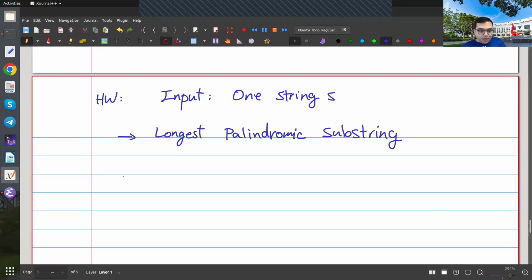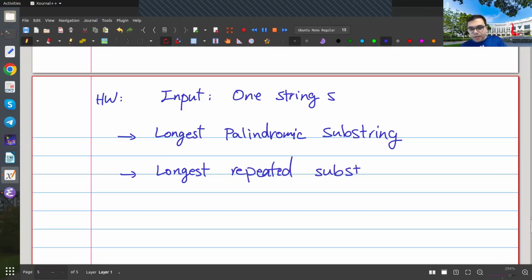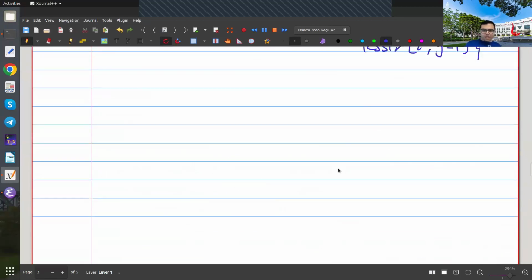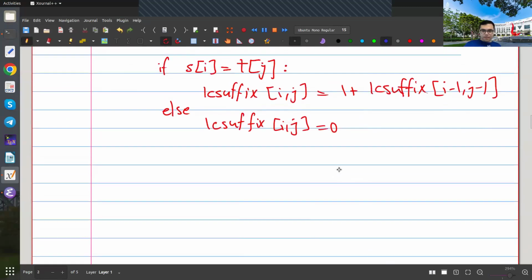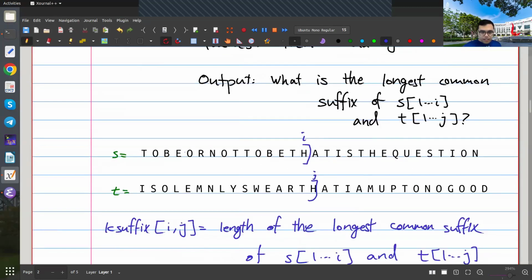The other thing that is interesting is this one. Let's say I ask you for the longest repeated substring. So a substring that is somehow appearing twice, and they don't have to be disjoint. For example, here, I have "to be" here, and I also have "to be" here.